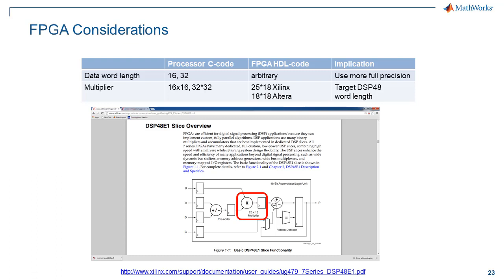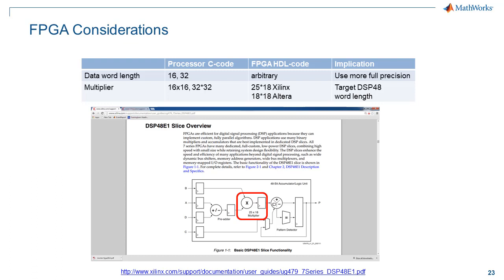And just to kind of show how this might differ from C code and taking into account, for example, the Xilinx settings in particular, on a processor in C code, the data word length is going to naturally be a 16, 32, 64. In an FPGA, you can have arbitrary word lengths. You can have word lengths that aren't necessarily 16 or 32.